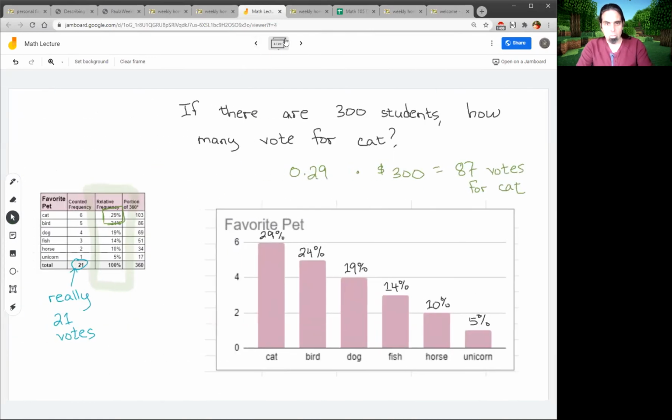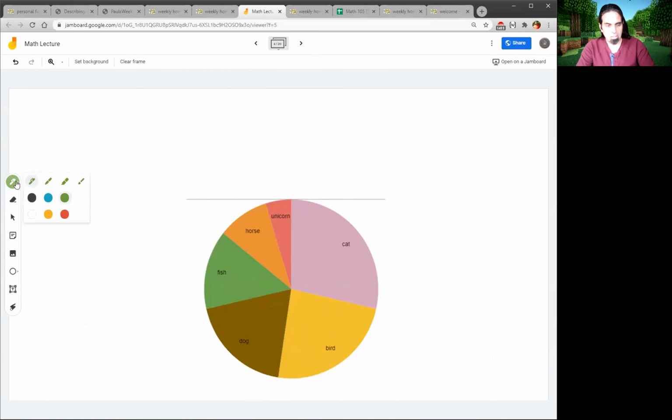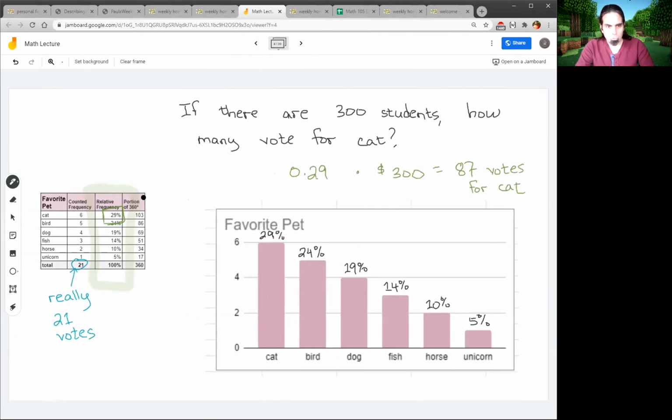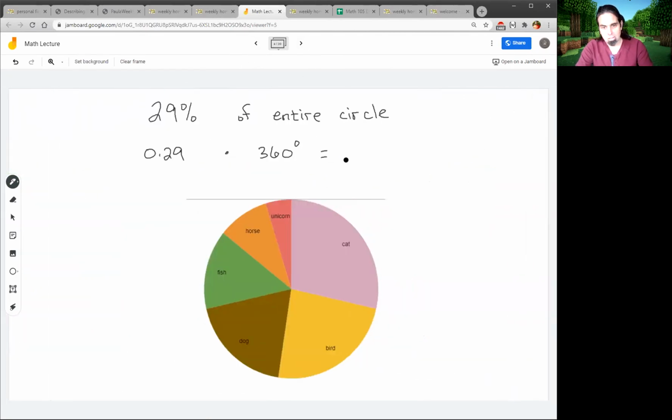So cat is 29%. And whatever that was, 103.